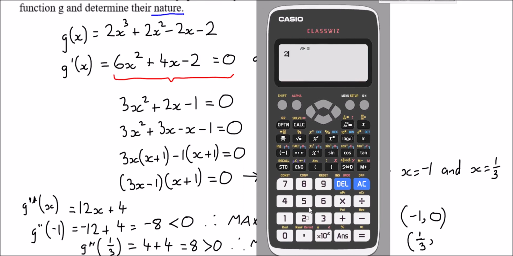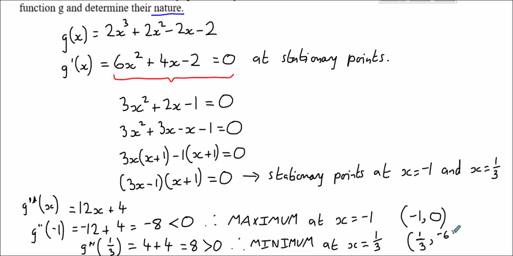So g is 2 lots of a third cubed plus 2 lots of a third squared minus 2 lots of a third minus 2, which is minus 64 over 27. That's if the question asks you to give the coordinates of these maximums or minimums.